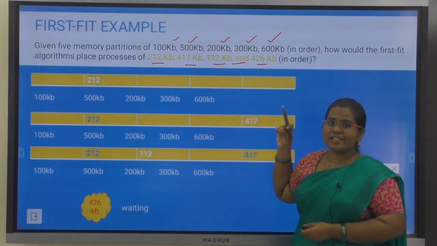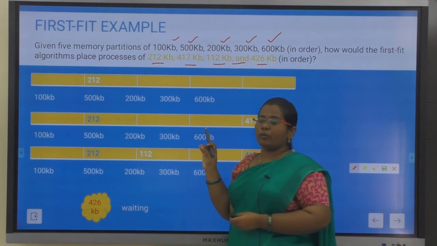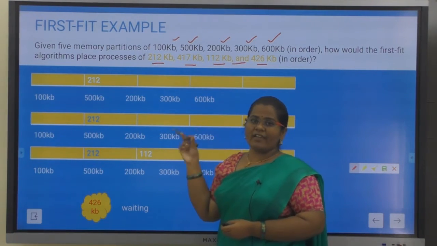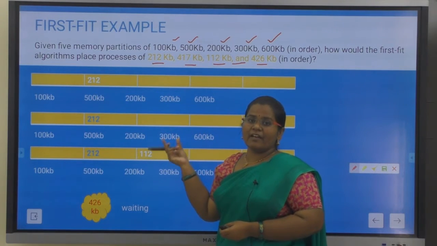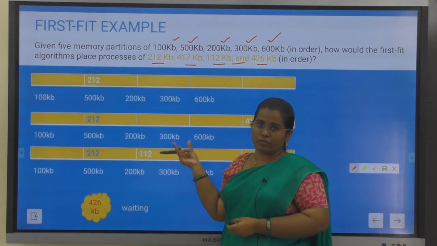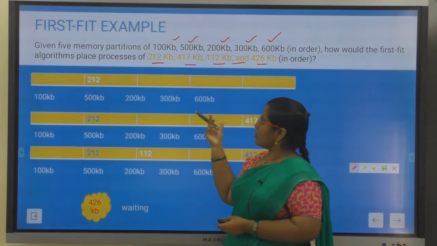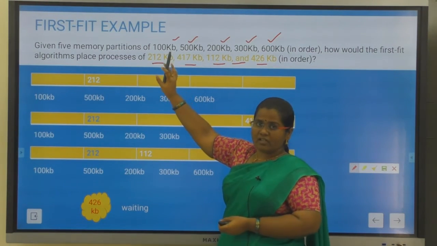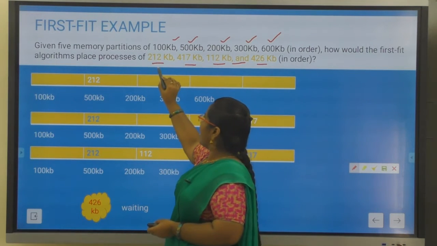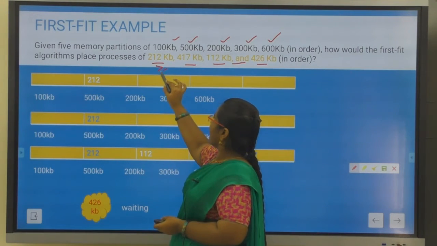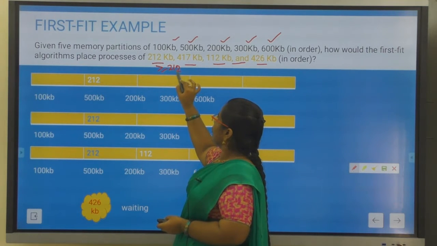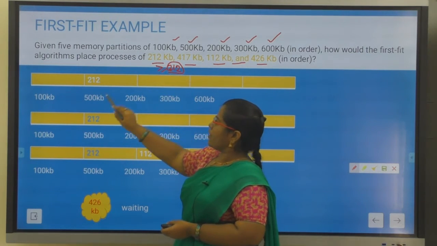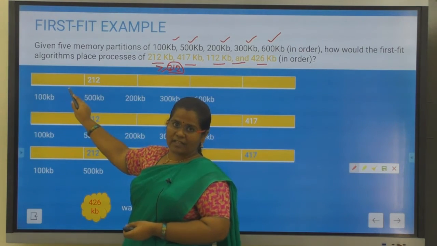The first fit method says you will select the first available hole that is big enough to store your process. Big enough means, for example, you can store a 212 KB process in a partition whose size is greater than or equal to 212 KB. You cannot store a 212 KB process in a partition of size 100 KB, right?